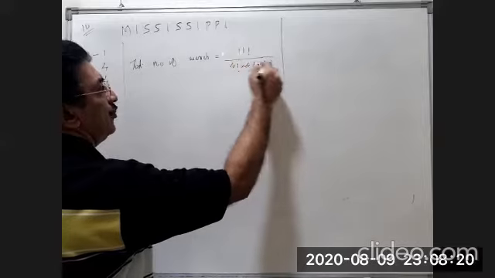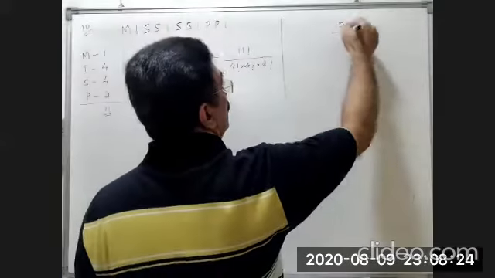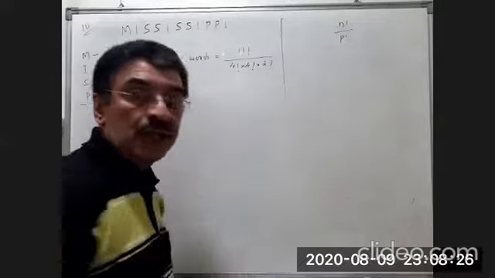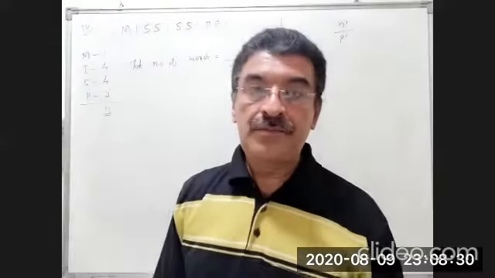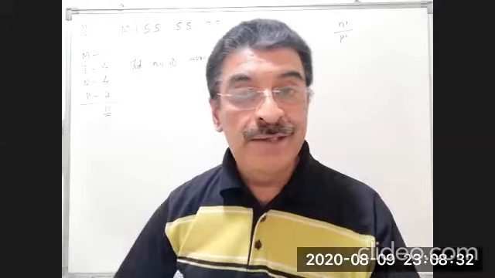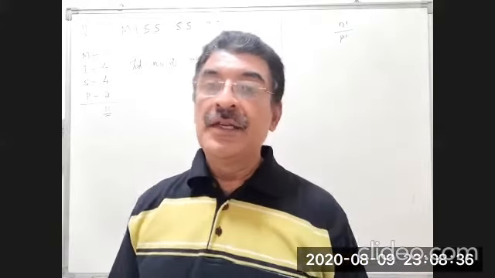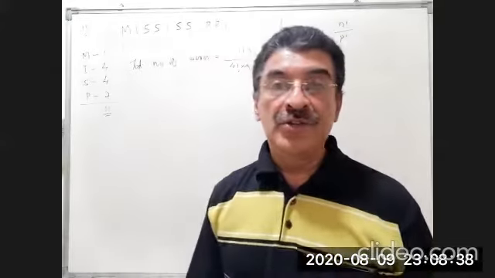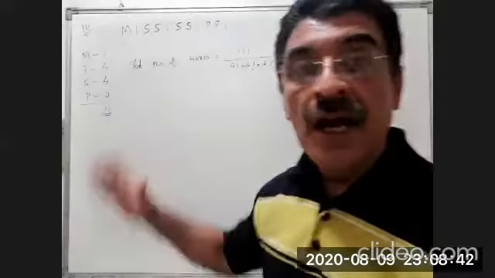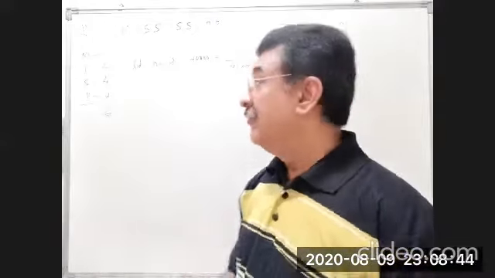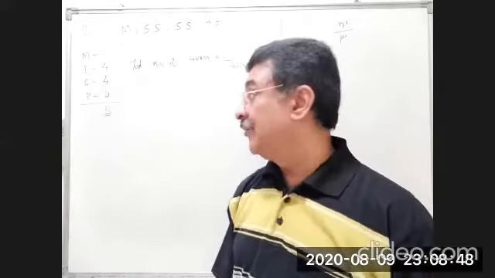Why is it so? We use the formula n factorial by p factorial, which we wrote before vacation. Out of n things, if p things are of the same kind, the total number of arrangements will be n factorial by p factorial. So here, out of this 11 letters, 4 I's are there, 4 S's are there, 2 P's are there.